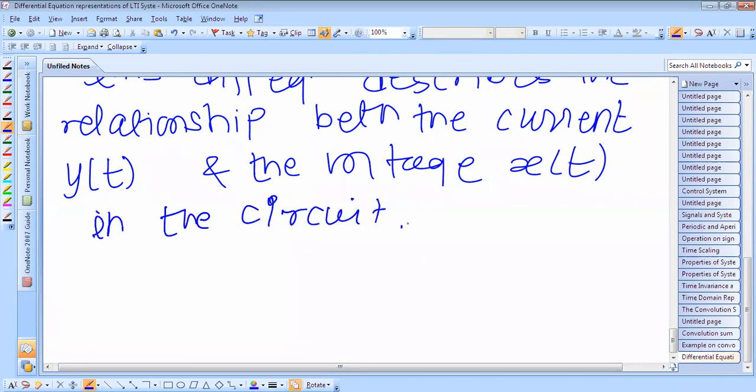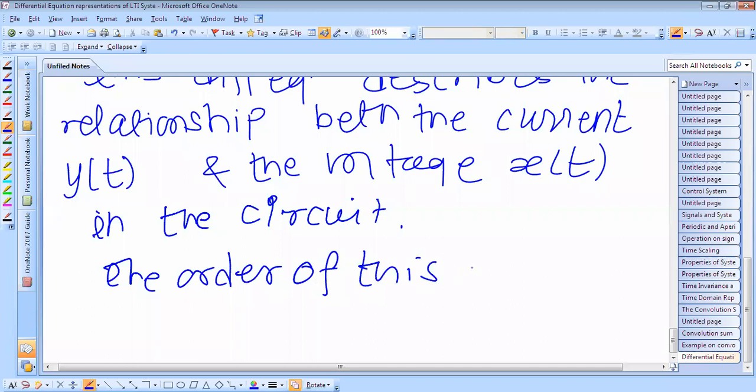Now in this equation or example, what is the order of this equation? Highest order of this equation is n is equal to 2.